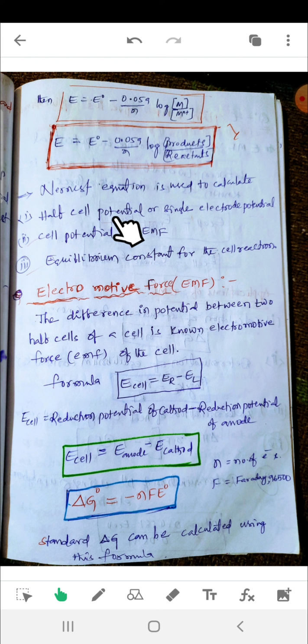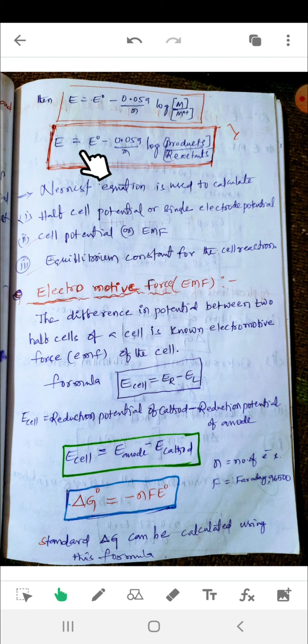By using the Nernst equation, we can easily find out the cell potential or single electrode potential, or the electromotive force. The equilibrium constant for the cell reaction can also be found using the Nernst equation.